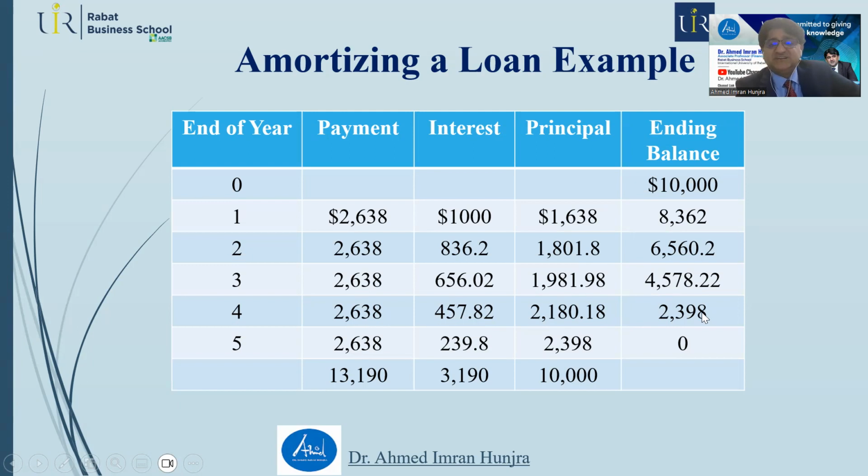What is the interest rate? 10%. So here 239.8 is the interest payment, and it will be subtracted from 2,638. So the last time period ending balance should be 0. Sometimes you will be unable to find exactly 0 here.